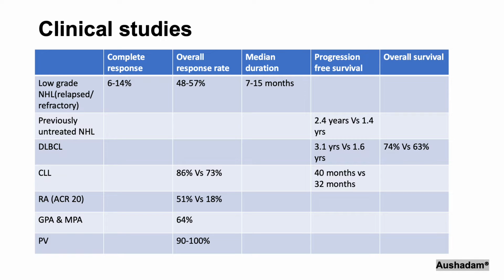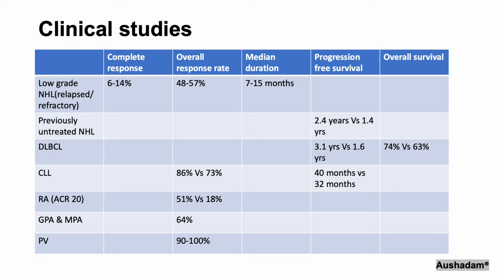In previously untreated non-Hodgkin's lymphoma, the progression-free survival is around 2.4 years versus 1.4 years in patients who did not receive rituximab. In diffuse large B-cell lymphoma, the progression-free survival is significantly prolonged to up to 3.1 years, with a significant improvement in overall survival to 74% when used in combination with CHOP chemotherapy at a longer term follow-up.